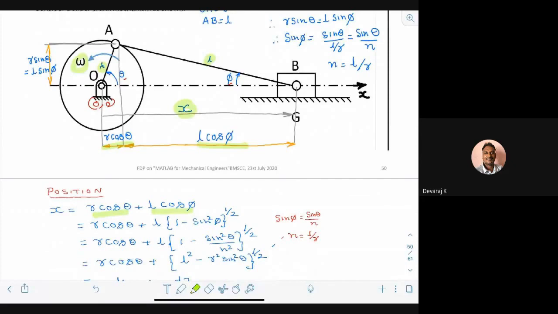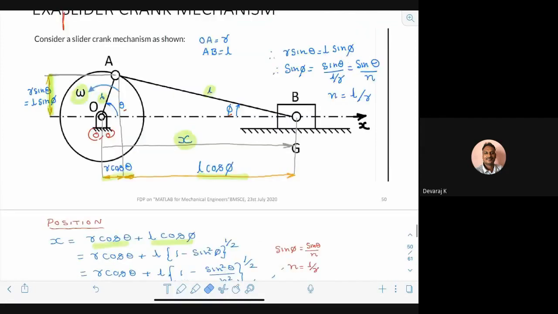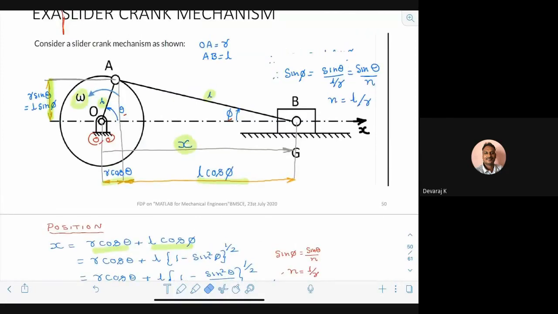But the thing is, phi is not independent. It depends on theta. Therefore, you convert this expression in terms of theta. What's the equation between these two? The vertical height here is r sin theta, and that is also equal to L sin phi. So you have a very simple equation now: R sin theta is equal to L sin phi.